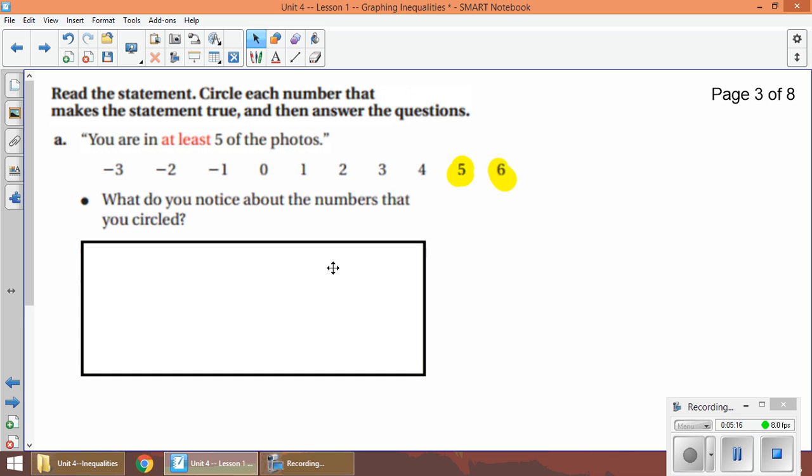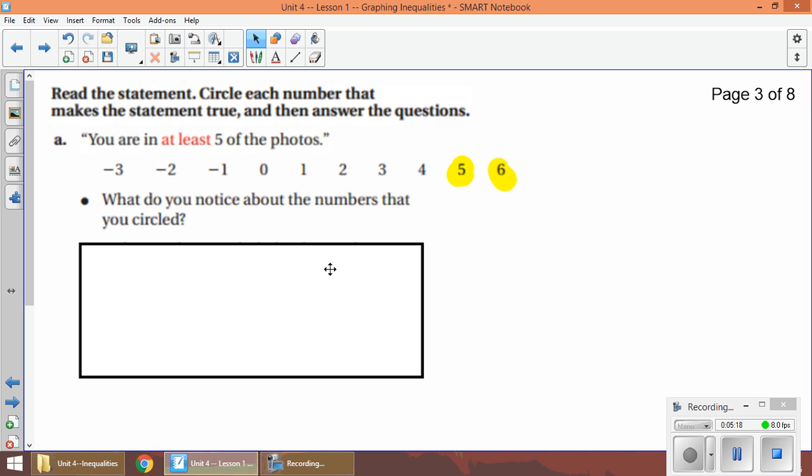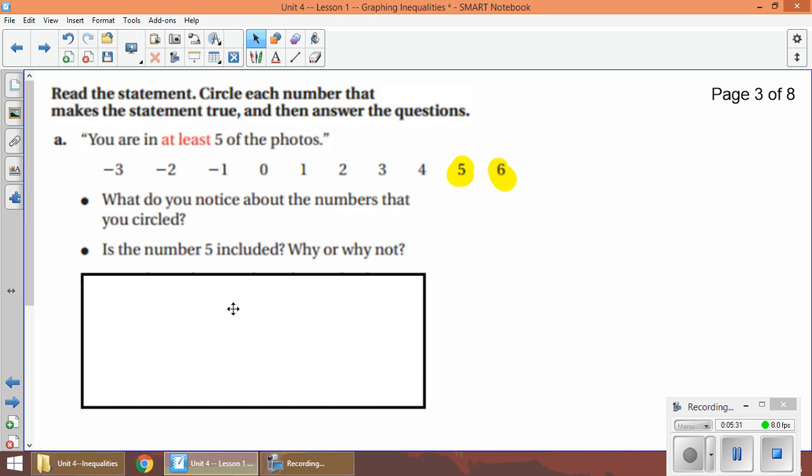So here are some questions I want you guys to think about. What do you notice about the numbers you circled? Well, they are 5 or greater. Anything less than 5 does not fit this condition. Is the number 5 included? Why or why not? Yes, 5 is included because we want at least 5. That's our minimum. That's the smallest amount that we're in.